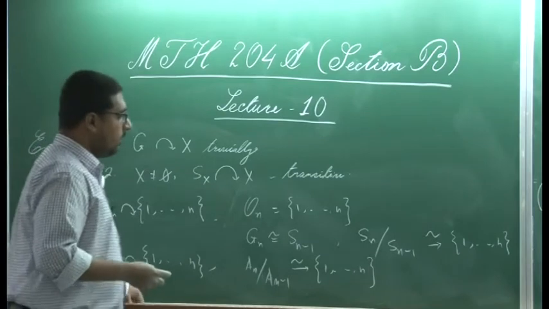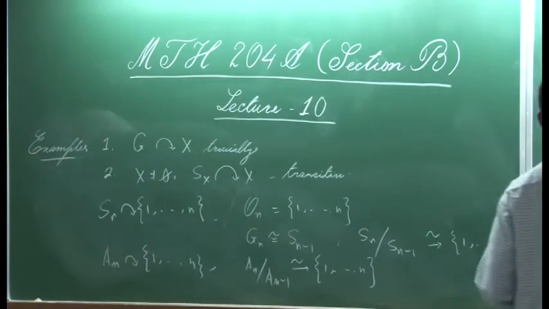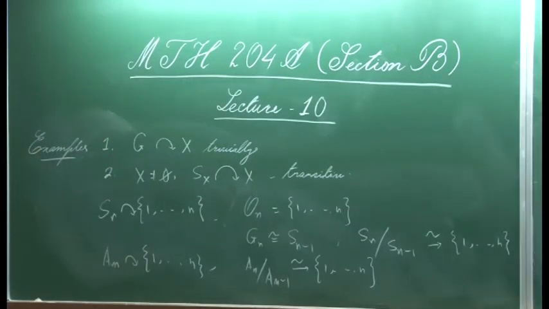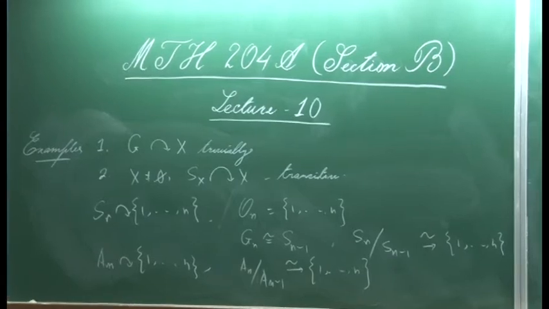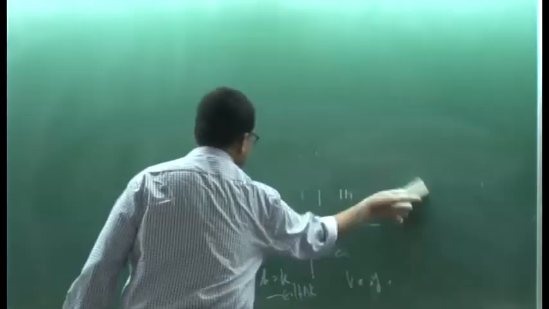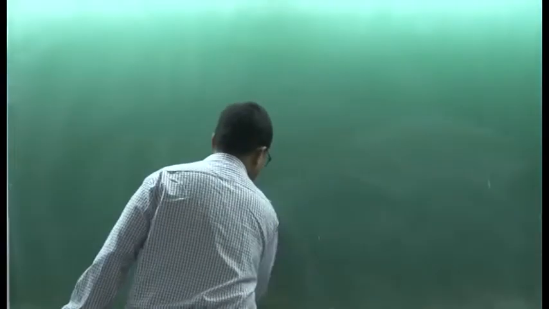Okay. Now what about another important subgroup of Sn, namely the dihedral group? For the dihedral group, the situation is slightly non-trivial. The action of the dihedral group on 1 up to n we have already seen to be transitive.